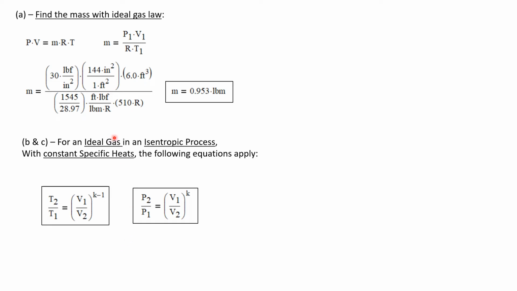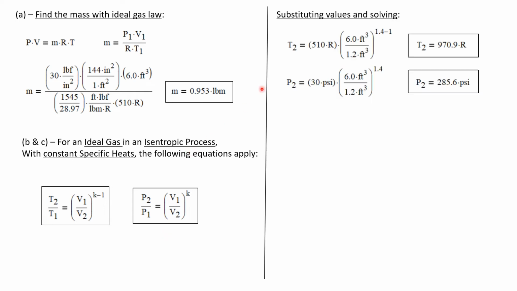Again, the condition is an ideal gas with constant specific heats engaged in an isentropic process. And in that case, we have T2 over T1 is equal to V1 over V2 to the k minus 1 power. And P2 over P1 is equal to V1 over V2 to the k power. So we can use these equations to very easily solve for the final temperature and the final pressure.